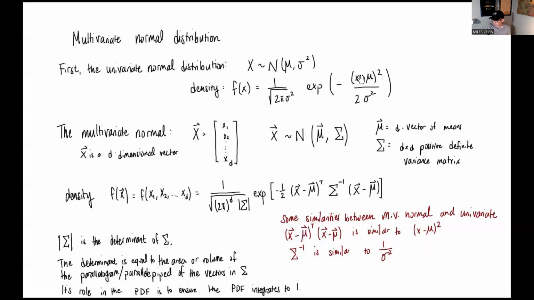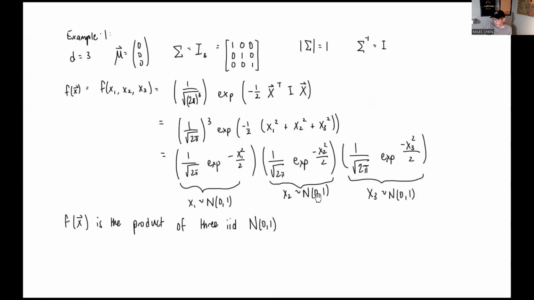If you look at this, x minus mu squared divided by 2 sigma squared is basically 1/2 x minus mu transpose x minus mu, but we're going to put in sigma inverse here. So there are parallels between the univariate and the multivariate PDF, okay? Here we have a 3-dimensional multivariate thing.